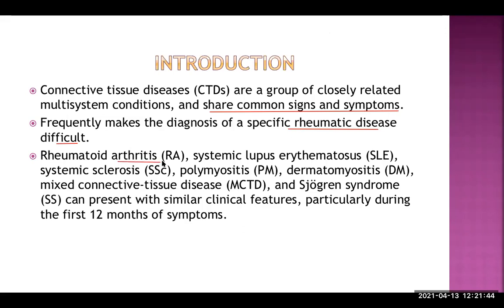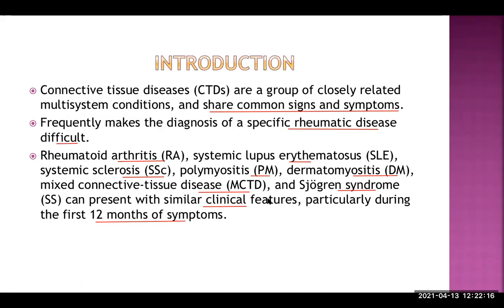Rheumatoid arthritis, SLE, systemic sclerosis, also known as scleroderma, polymyositis, dermatomyositis, and mixed connective tissue disorder, along with Sjogren syndrome, can present with similar clinical features, particularly during the first 12 months of symptoms.